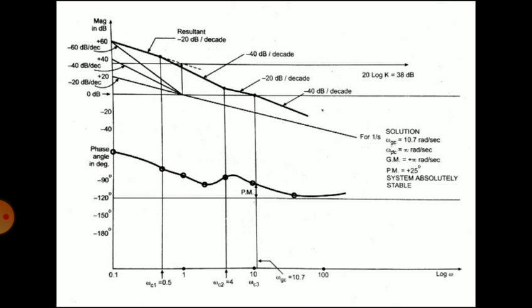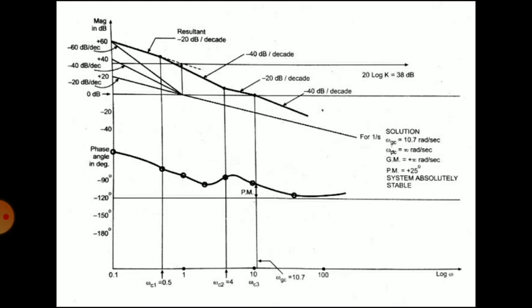Initially you draw the guidelines at minus 20 dB per decade, minus 40 dB per decade, and minus 80 dB per decade. These guidelines are used to draw the magnitude plot for the poles at origin.